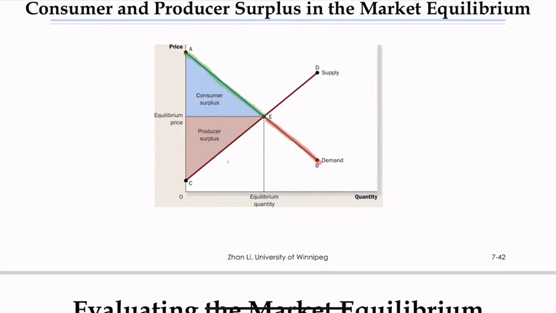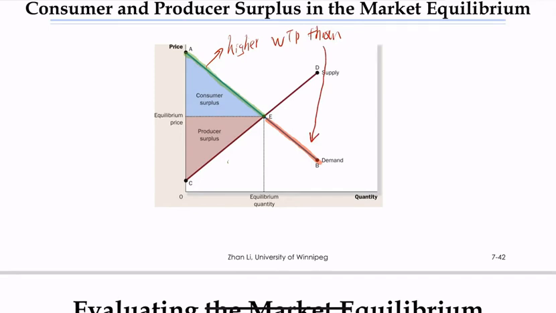You can see that every consumer on this section has higher willingness to pay than consumers on this curve, right?